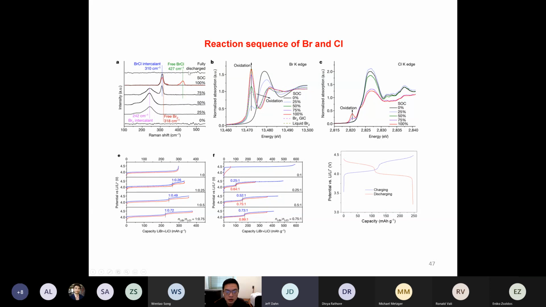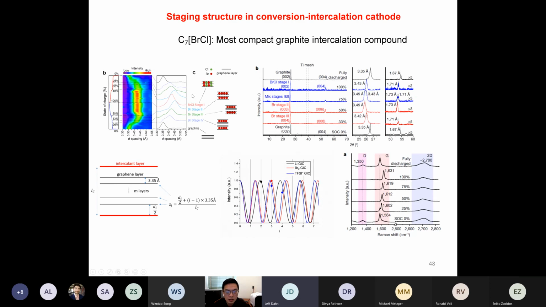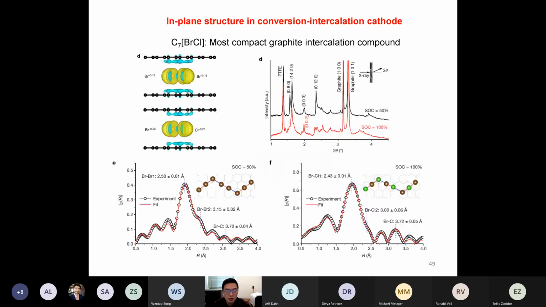Including how it really intercalates into graphite. That's the first question. And what's the staging structure evolution, and what's the most important, what's the implant structure? Because we actually found out this intercalation compound is a highly dense intercalation compound among all of these graphite intercalation compounds, even higher than lithium, because lithium forms C6Li, right?